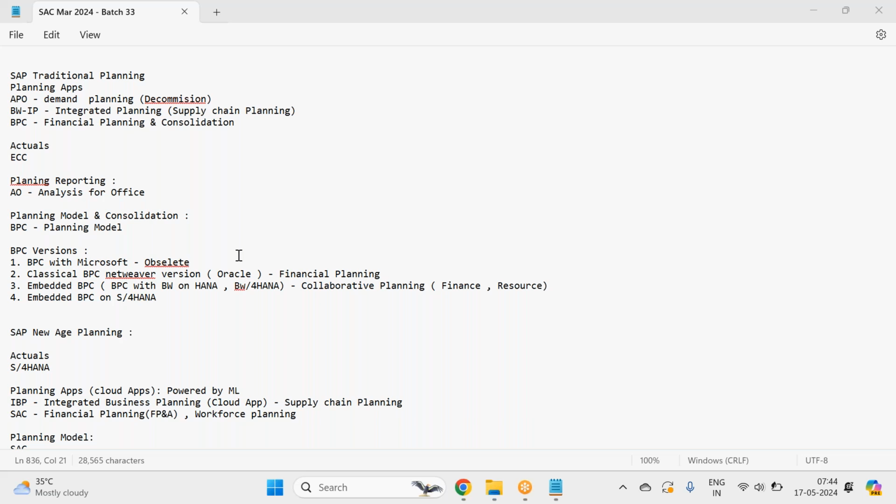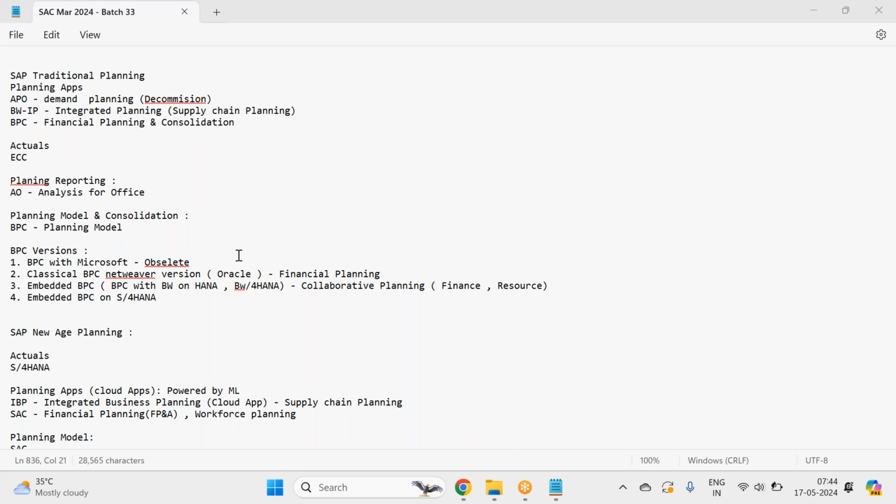Then we came with the concept of embedded BPC, that is BPC on BW HANA or BW4HANA, which is majorly used for collaborative planning, means all types of planning like finance, resource planning, etc. It makes use of the master data coming from the BW system, BW InfoObjects. Now we also have embedded BPC in S4HANA. So these are the embedded BPC versions and classic BPC versions that are available.